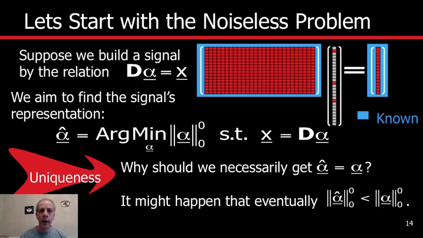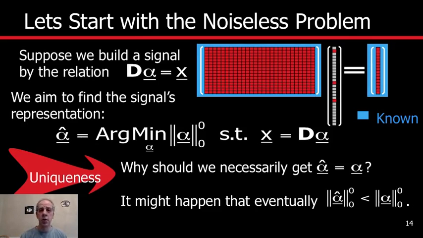Assume that column 1 and 2 are identical. Assume that I generated this signal with the second column. But when I go to reconstruct, I can pick column 1 instead of column 2, and therefore I get a different alpha. So that's an example where the solution is not unique.